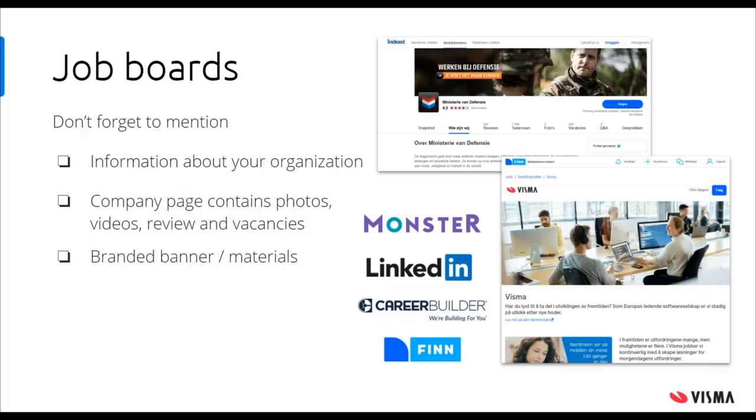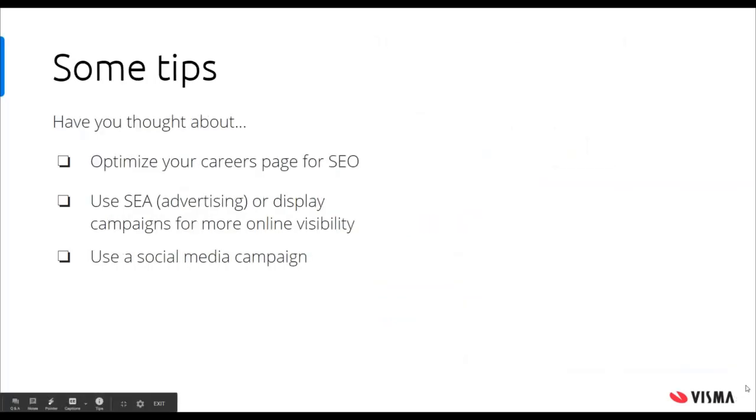I could just have an endless list. But if you use job boards as a medium to advertise and to create awareness, make sure that you have some information about your organization. Make sure that your company page contains photos, videos, reviews, and vacancies. More about those reviews later. And also make sure that you have branded banners and other branded materials.